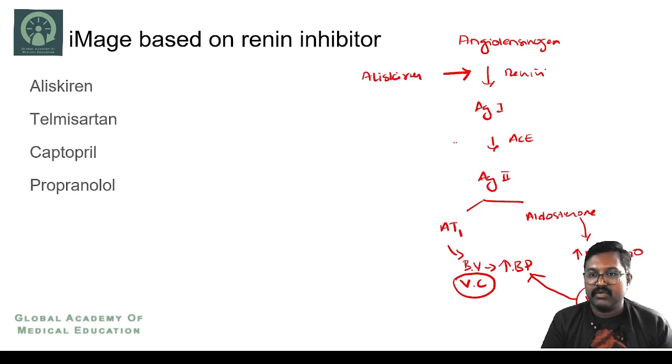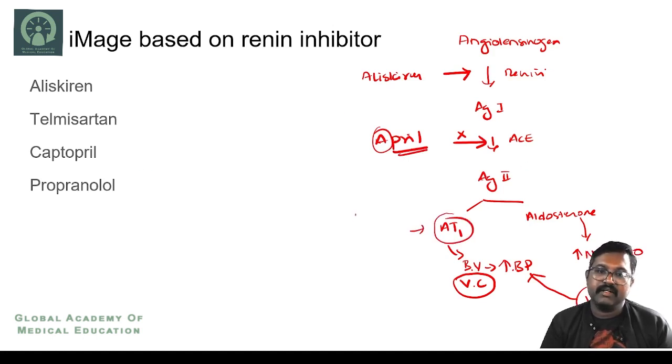If they ask about this site, ACE inhibitor inhibiting this, then the answer will be all the prils, that is the ACE inhibitors. ACE inhibitors end with pril. And if they ask about this site, then it would be the ARBs. And if they ask about the release of renin from the JG cells in the nephrons, then it would be beta blockers.